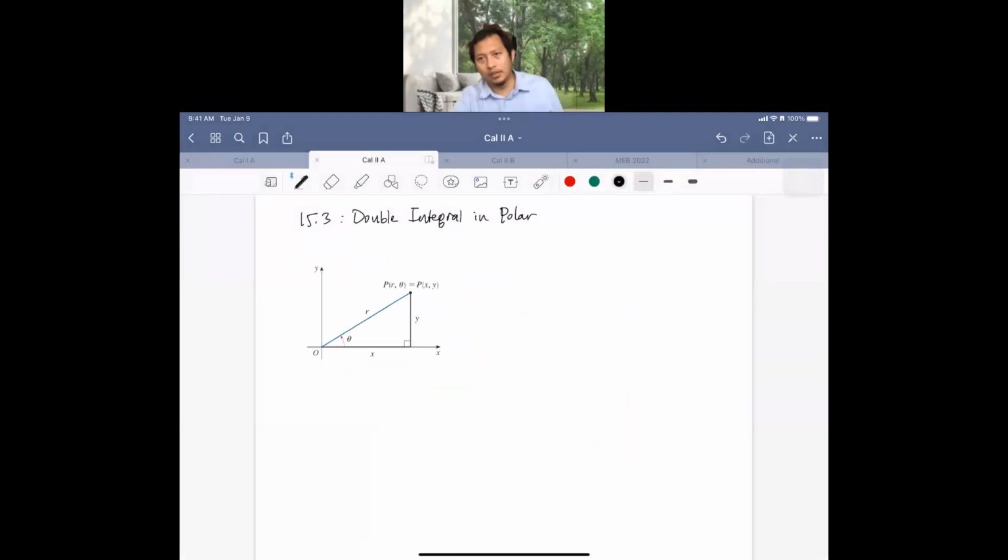Okay, in polar, as you remember in chapter 10, right? Recall how to convert from Cartesian to polar or from polar to Cartesian. So we would have these conversions, and this will be very essential in polar.